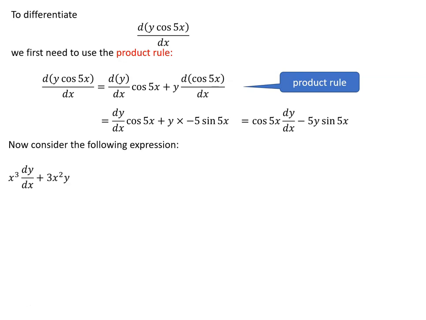Now have a look at this expression. We've got x cubed times dy by dx plus 3x squared y. Now if we think of that as being dy by dx times x cubed plus y times 3x squared, we might be able to see that this is actually the result of using the product rule on y times x cubed.